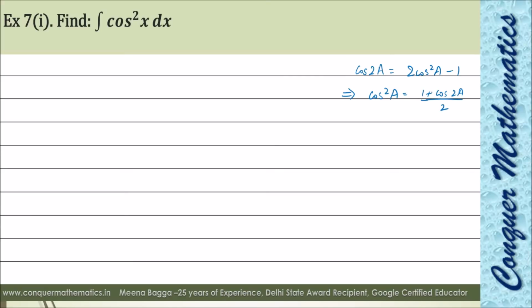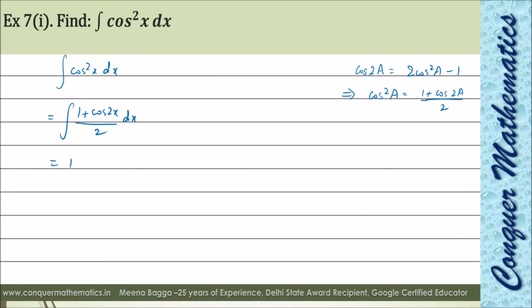So cos square a is nothing but 1 plus cos 2a divided by 2. That means integral of cos square x will be nothing but integral of 1 plus cos 2x divided by 2.